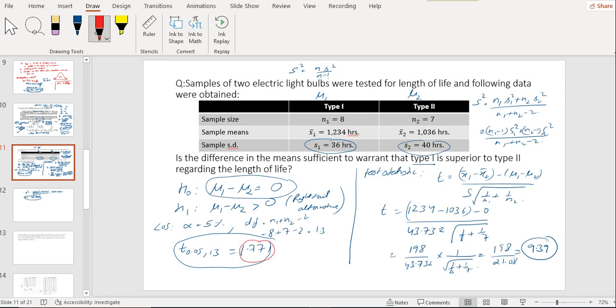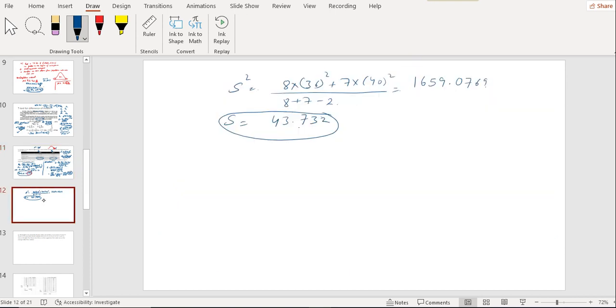It is a right tail test. The critical value is 1.771, and on this side we have the region of rejection, and the value falls on this side because T calculated is 9.39, which is greater than 1.771.